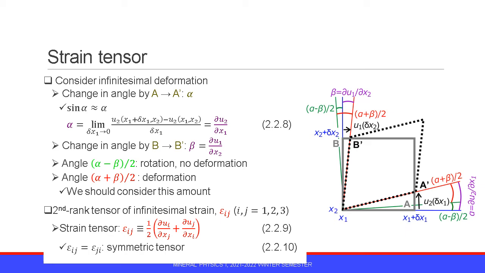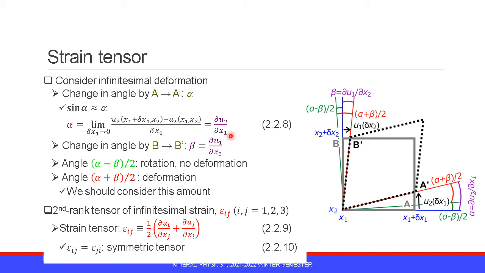Then the angle alpha is the limit as delta x1 goes to 0 of u2, the displacement in the x2 direction at x1 plus delta x1, x2, minus u2 at x1, x2, divided by delta x1.